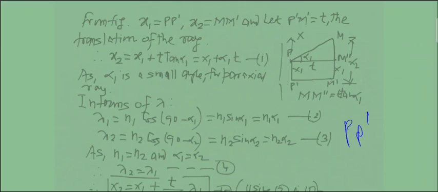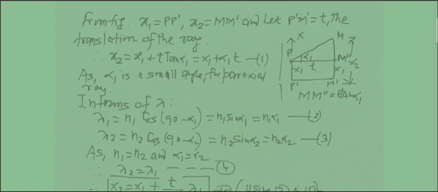This quadrilateral P dash M double dash is a rectangle. By geometry you can see this very clearly, because all the angles are 90 degrees. So these opposite sides will be equal, so this will also be equal to your t only.